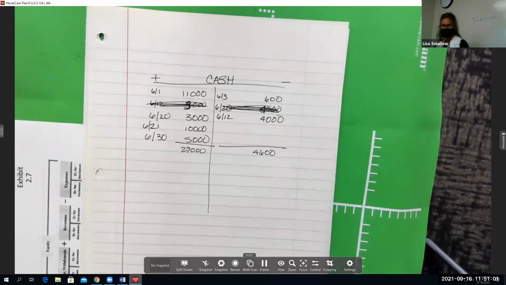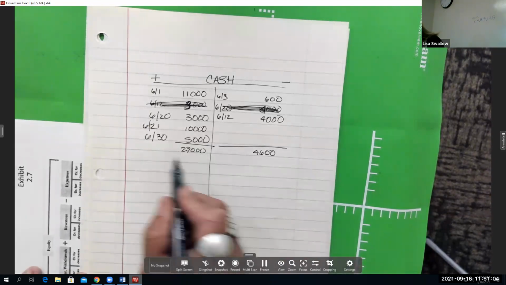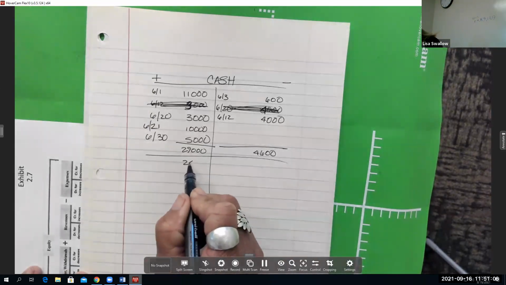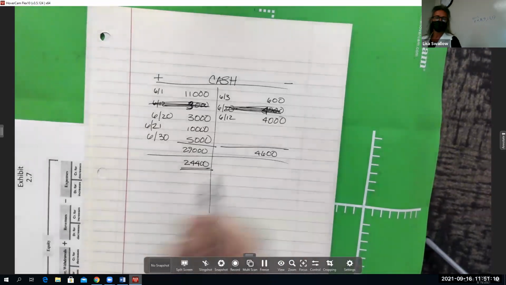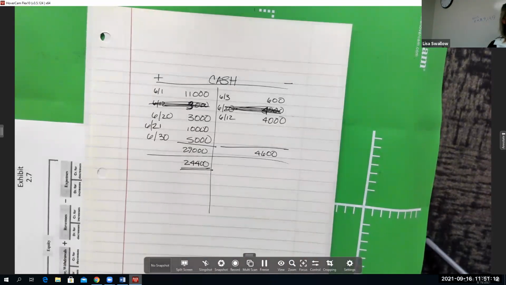So what's my ending balance? In accounting, we double underline something when it's finalized. All right, now guess what? Now I've got to do that with every single one of my accounts. I need to post to them. And then where am I at?